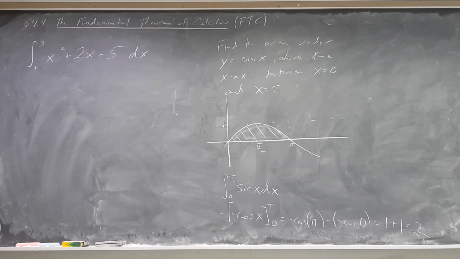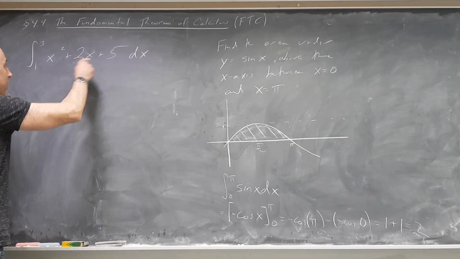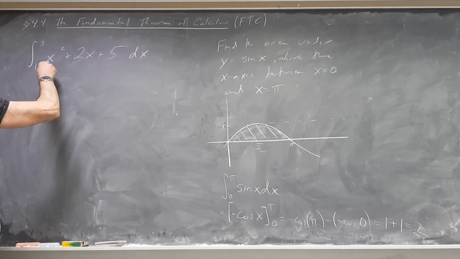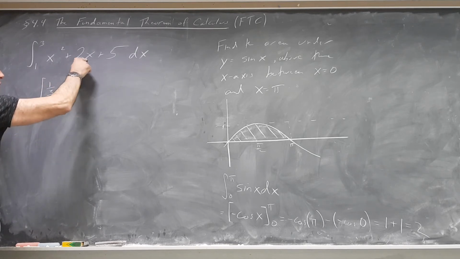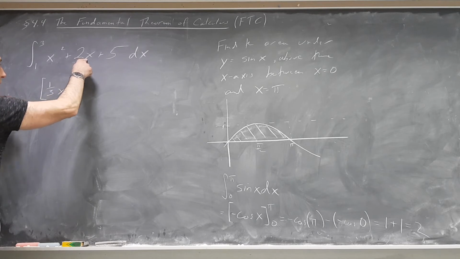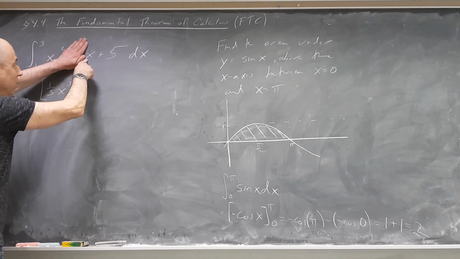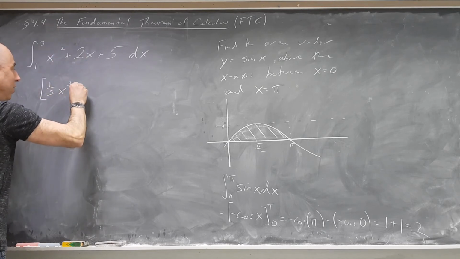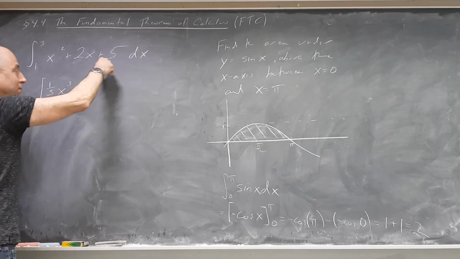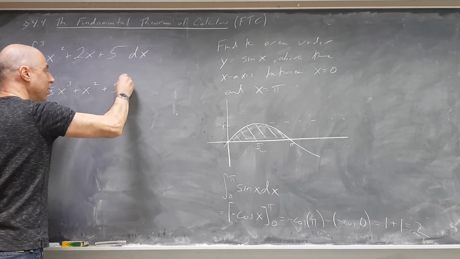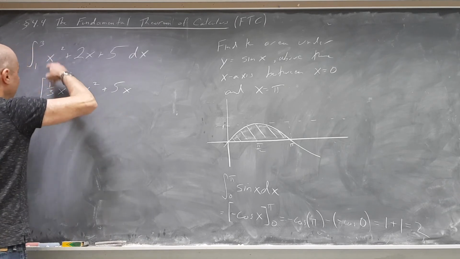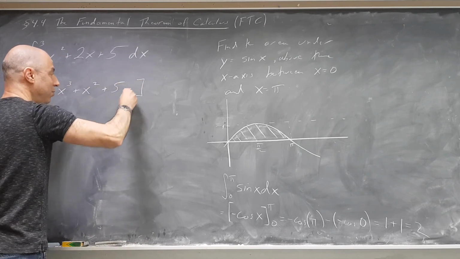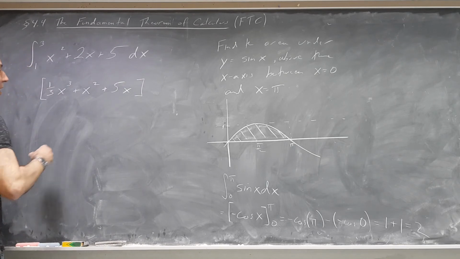We don't have to work very hard for this. We're looking for an antiderivative. Antiderivative for x squared is 1/3 x cubed. The antiderivative of 2x, antiderivative of x would be x squared over 2, times 2, so that's just x squared. Antiderivative of 5, 5x. You could put in a plus constant, but it's just going to cancel out when you do your subtraction. So I'm just going to choose the easiest antiderivative I can.